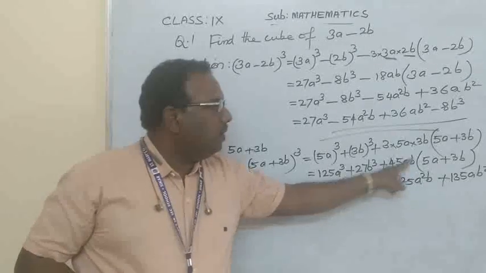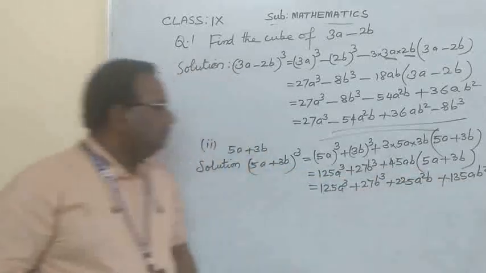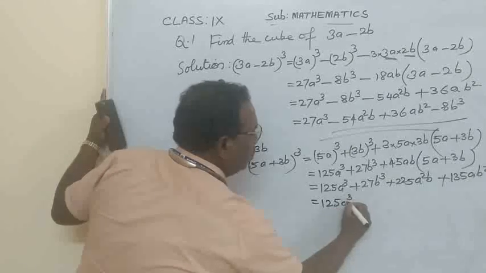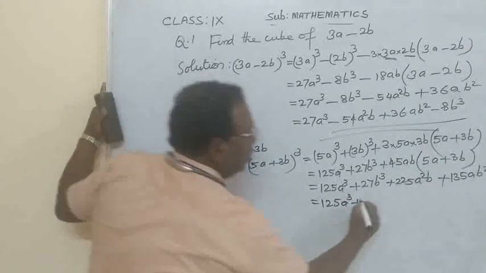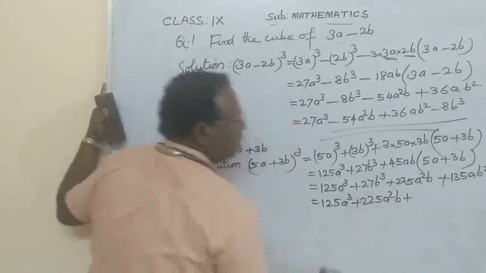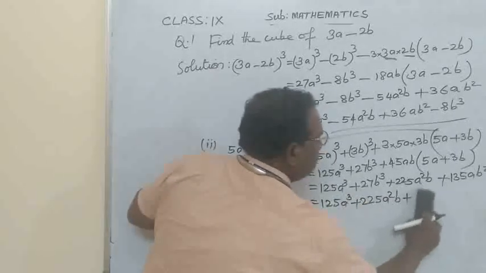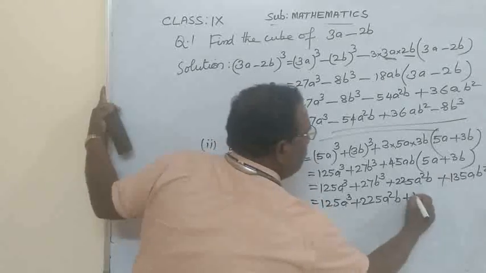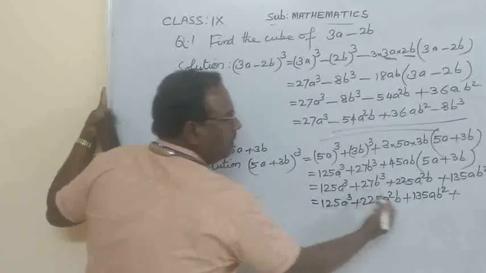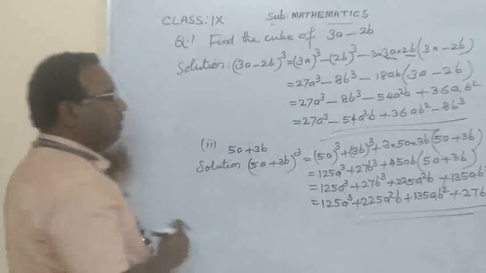Again we multiply 45 into 3, 135, ab into ab square. Again this is equal to 125 a cube plus 225 a square b plus 135 ab square plus the last term 27 b cube. This is the required result of the second part.